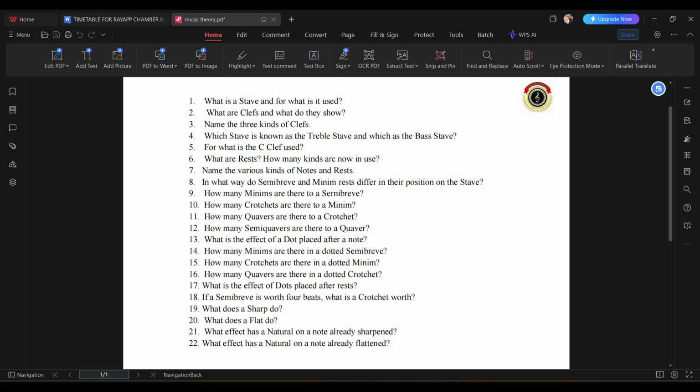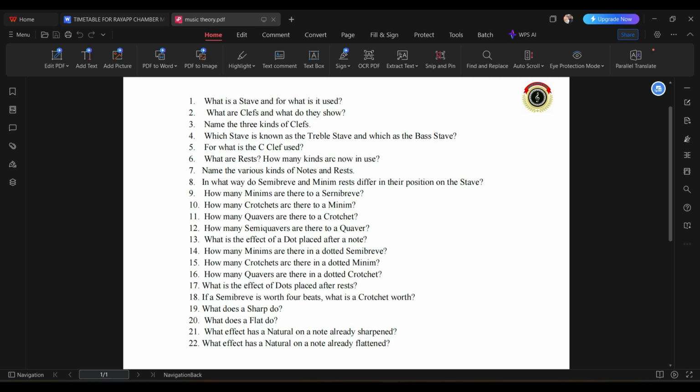For example, when you have a dotted semibreve, a semibreve itself has 4 beats, so half of the semibreve is added since the dot has been placed there. So it's going to be 6 beats. When it's a minim and the dot has been added, it's going to be 3 beats, because half of a minim is 1. The same applies to a dotted crochet, which is going to be 1.5. So that is the effect of the dot.